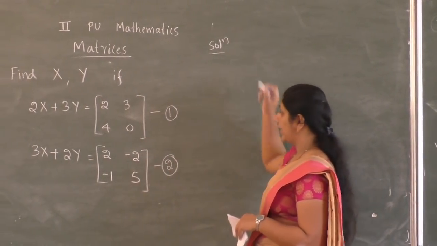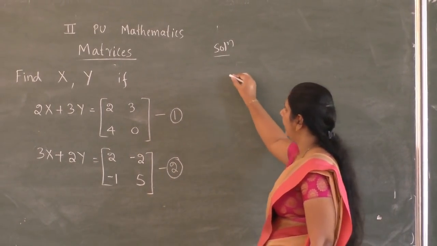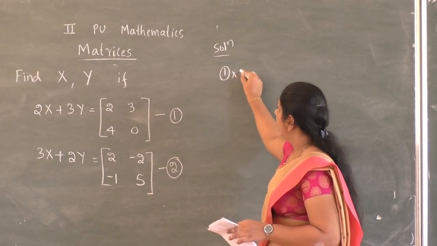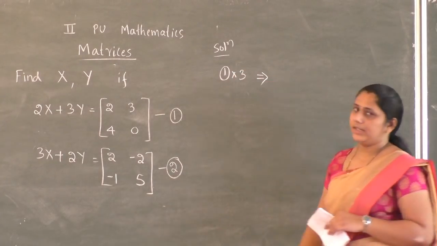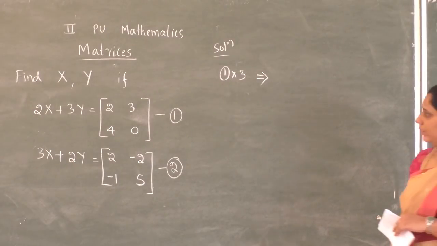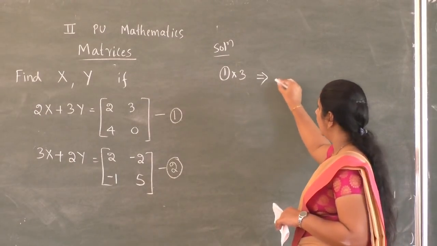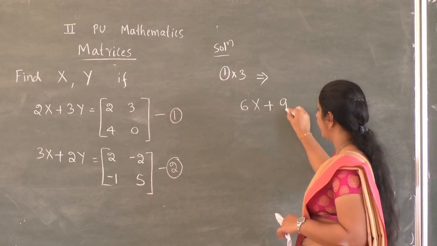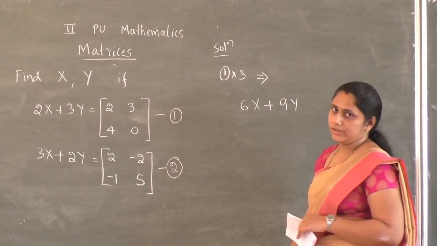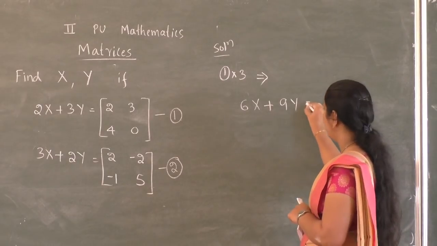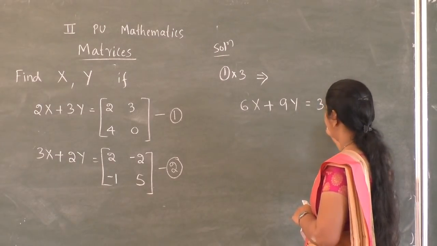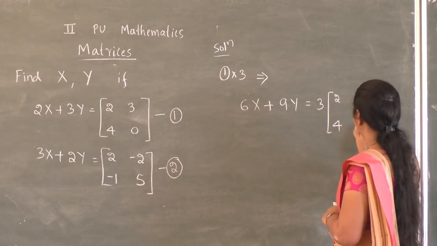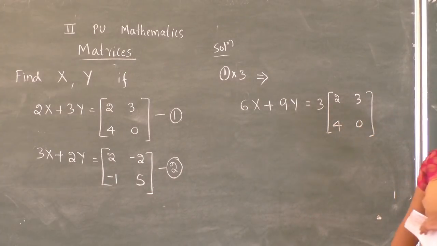So the solution is, now we have to multiply equation 1 by 3, then we get 3 into 2x, that is 6x, plus 3 into 3y, that is 9y, is equal to 3 into the matrix 2, 3, 4, 0.